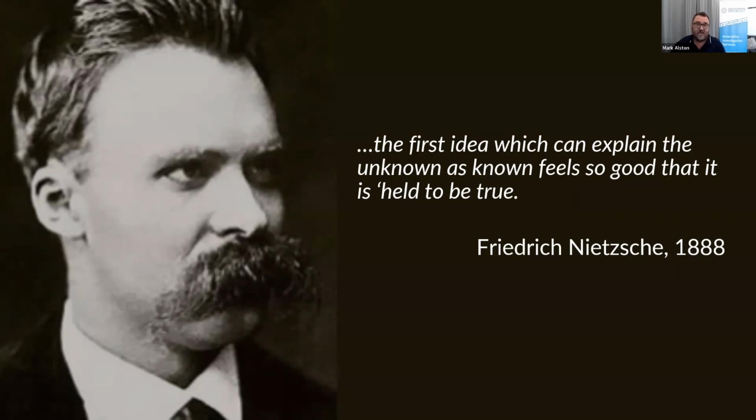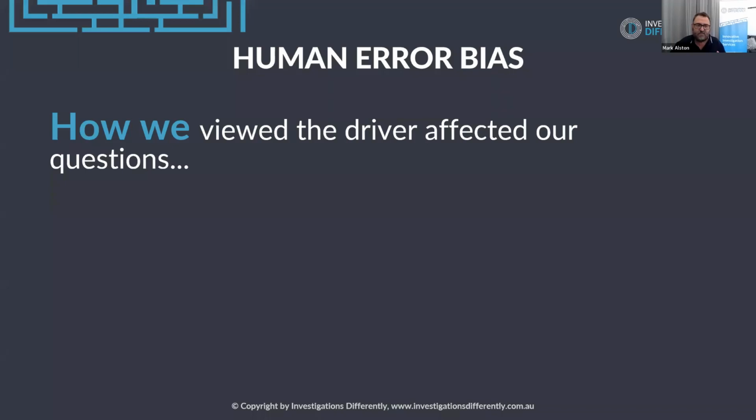Now, typically what we see in a lot of events is how we treat people. When we see people involved in an event, they are typically asked about their own actions, and that's where we focus our investigation. This is the problem, right? Because if we view the driver as the problem, then that's what our questions are going to be about. Did the driver follow or not follow the procedure? Was the driver licensed? Did the driver get complacent?